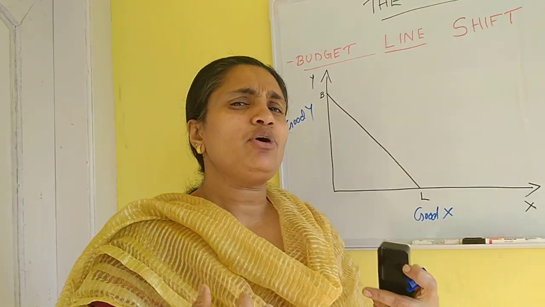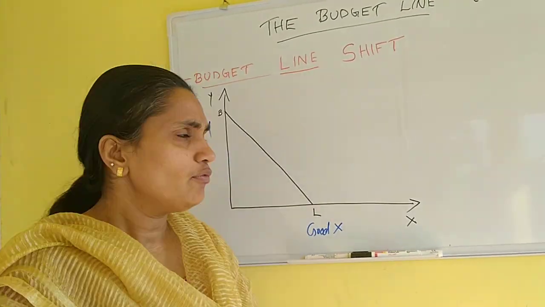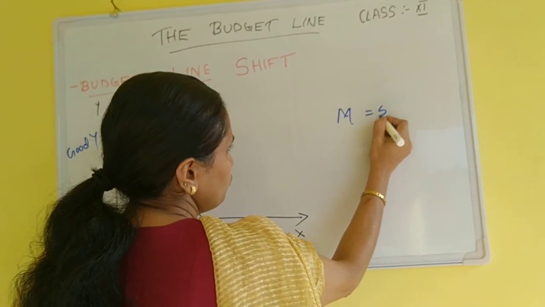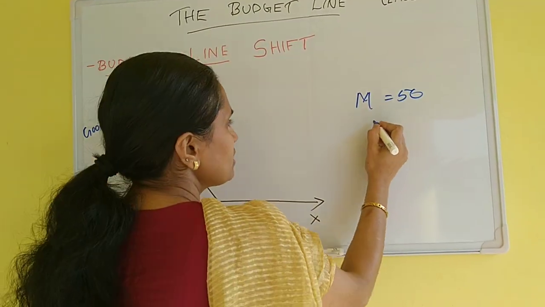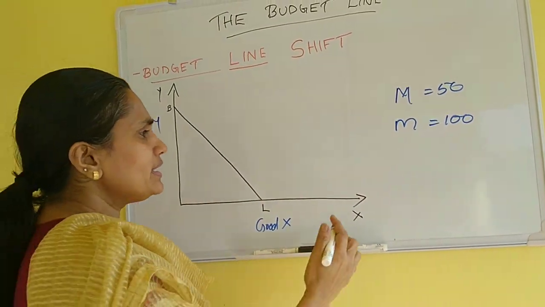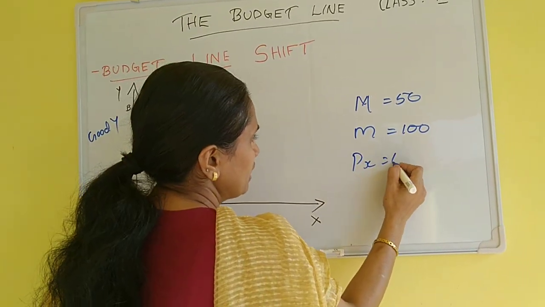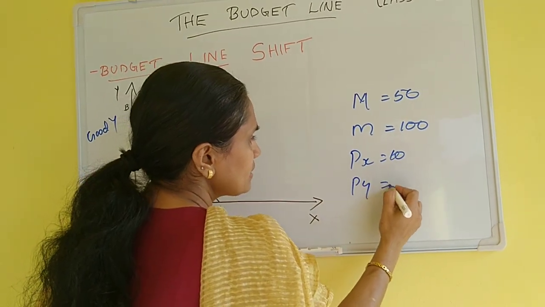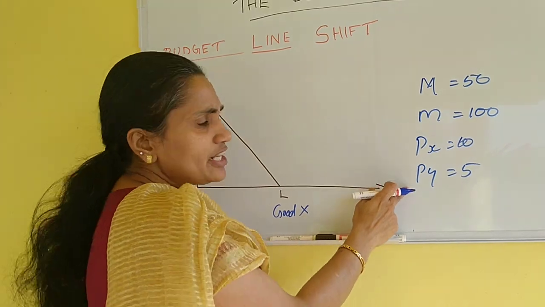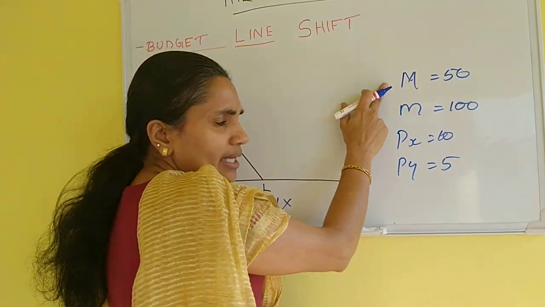Suppose the income of the consumer increases. For example, in the previous example, the income of the consumer is 50 rupees and now it increases to 100 rupees. The price of X is the same 10 rupees, and the price of Y is the same 5 rupees. Previously, price of X was 10, price of Y was 5 and the income was 50 rupees.